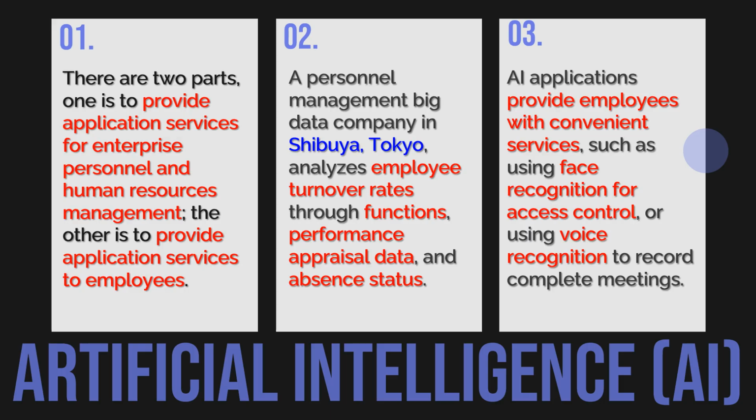Number 1, there are 2 parts. One is to provide application services for enterprise personnel and HR management. The other is to provide application services to employees. Number 2, a personnel management big data company in Shibuya, Tokyo, is a good topic right here, called a big data company.